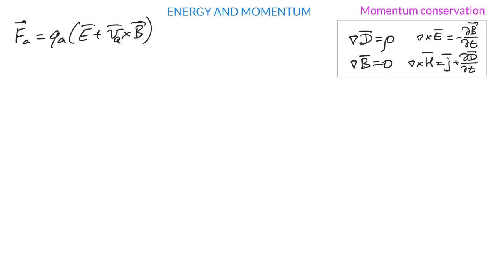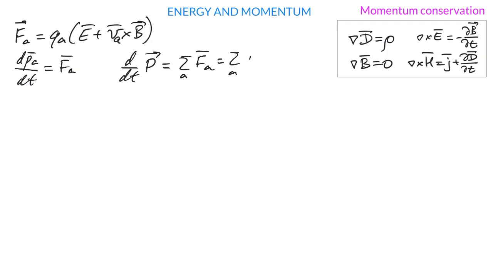Let's now deal with momentum conservation. So the rate of momentum change for particle A is just the Lorentz force F sub A. So if we wrote the rate of change of the total momentum of the particles, we would sum up over all particles F_a, where F_a is the Lorentz force q_a (E plus v_a cross B).